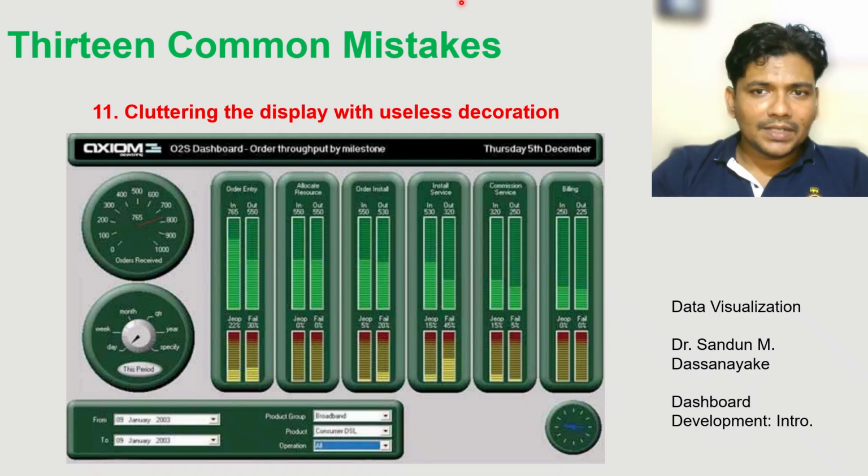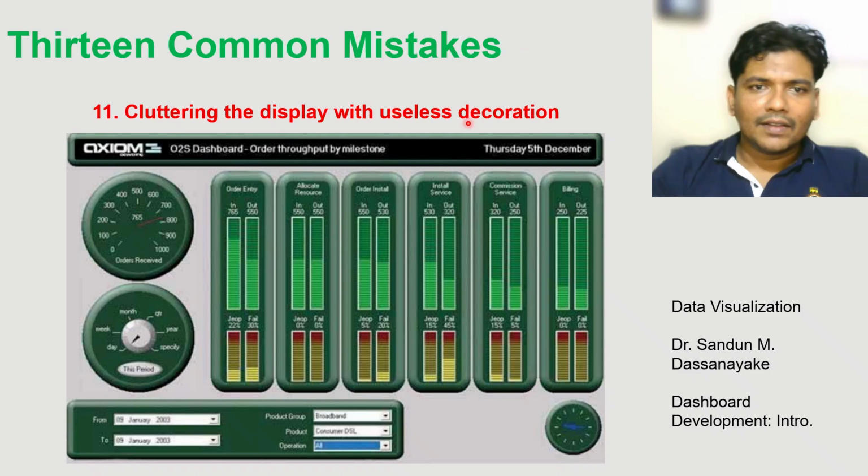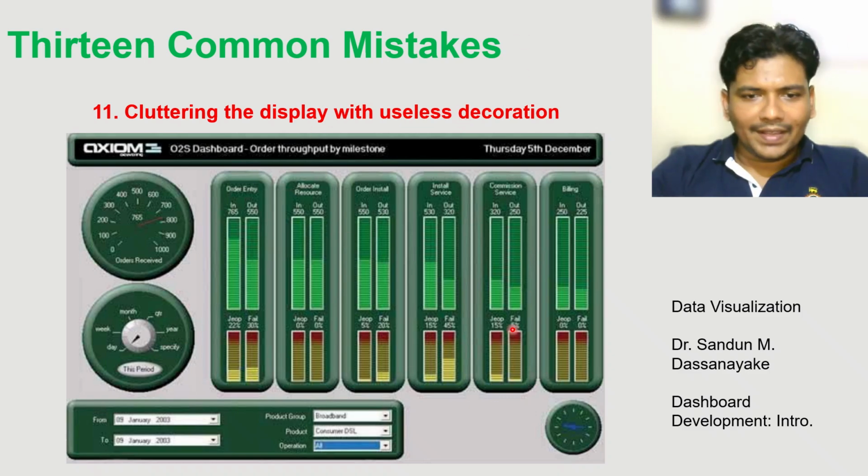For example, the dashboard here looks a lot like an electronic control panel. This design would work well if the goal was to train people to use real equipment through a simulation. However, that is not what a dashboard is for.